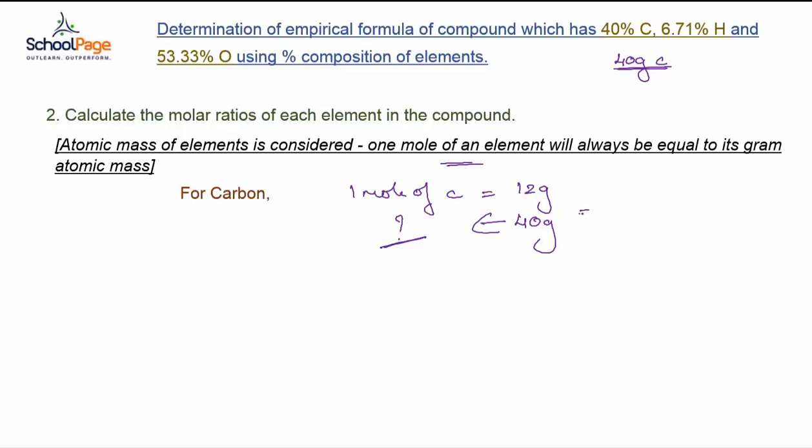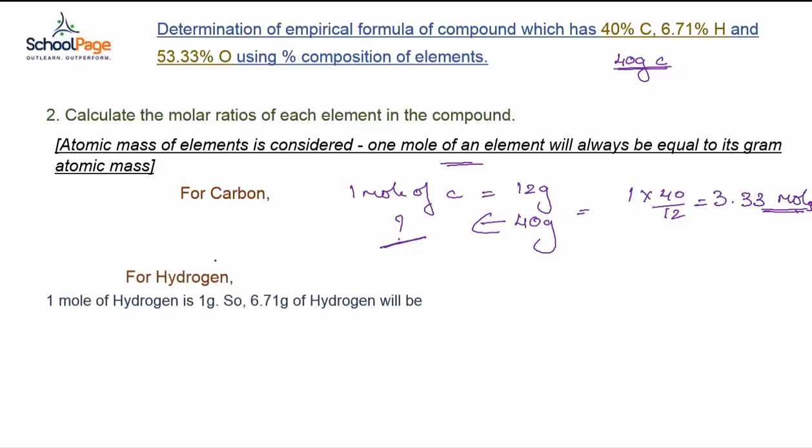So, according to the calculation, we get 1 into 40 by 12. So, that will come up to 3.33 moles. In the same way, for hydrogen, 1 mole of hydrogen is 1 gram. 6.71 grams of hydrogen will be 6.71 moles.